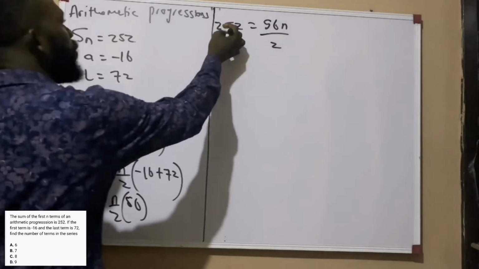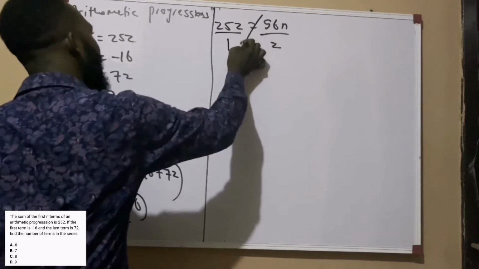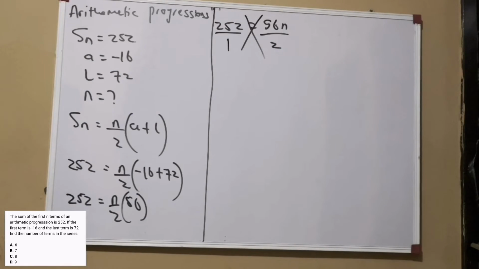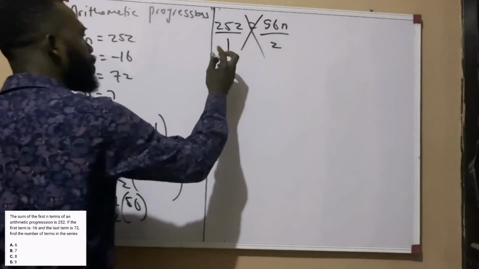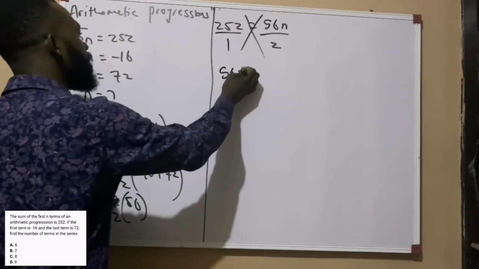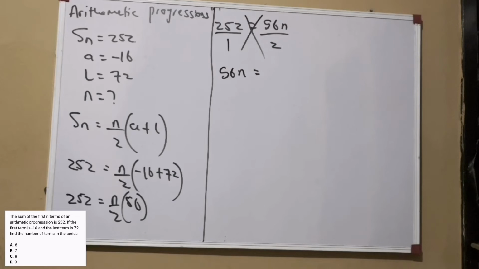Okay, now if we should base here over 1 and cross multiply, we are going to get 56n times 1 gives us 56n, and 2 times 252 gives us 504.